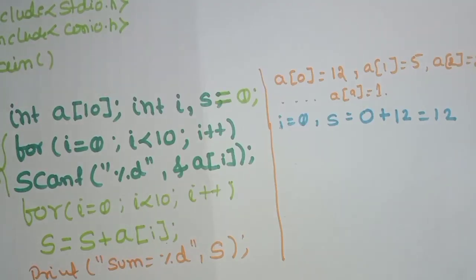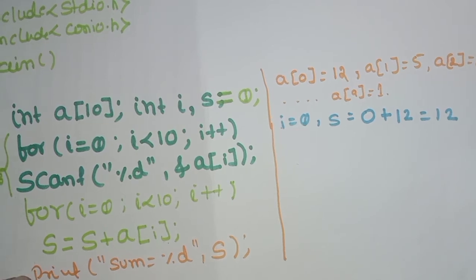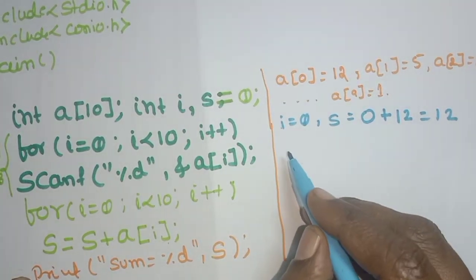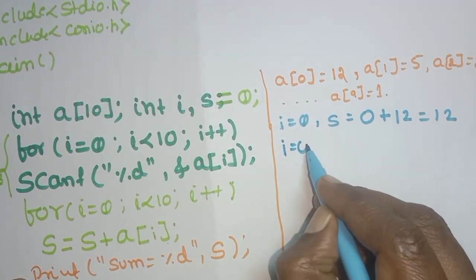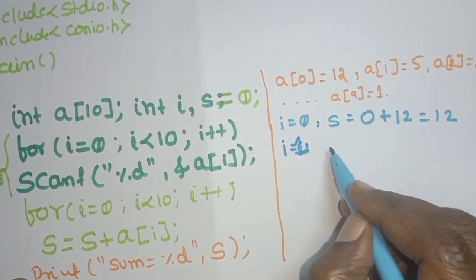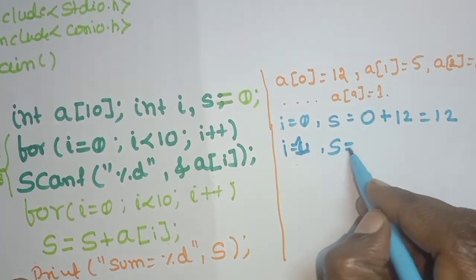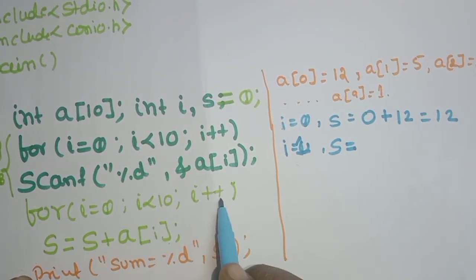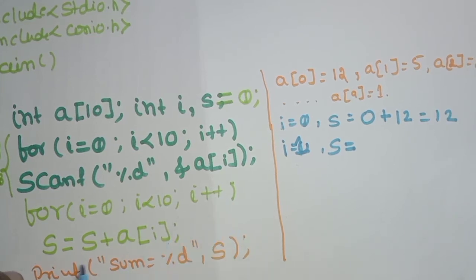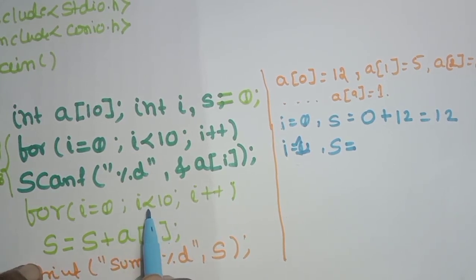Now move on to i is equal to 1. What is s equal to? Here you see i is equal to i plus plus, so i is equal to 1. The condition is true.